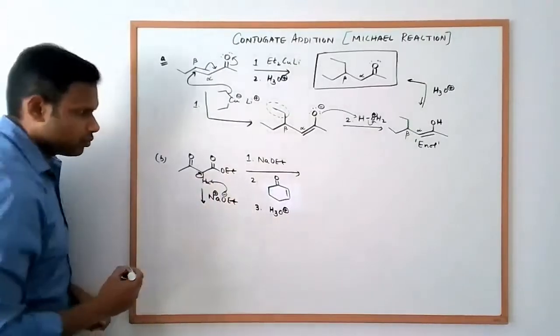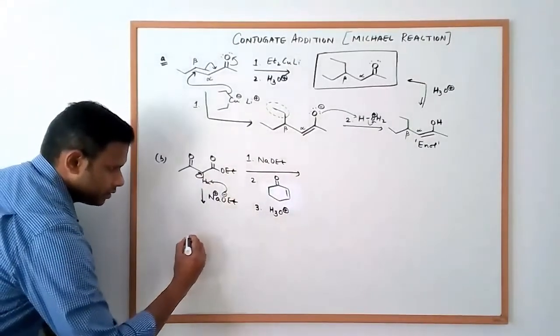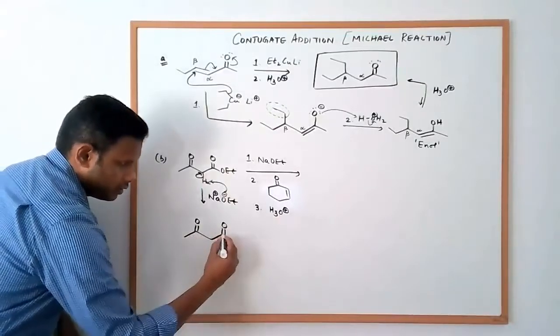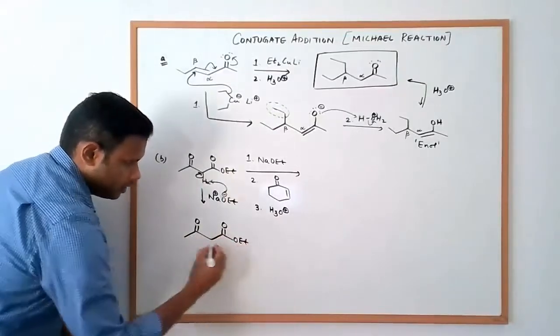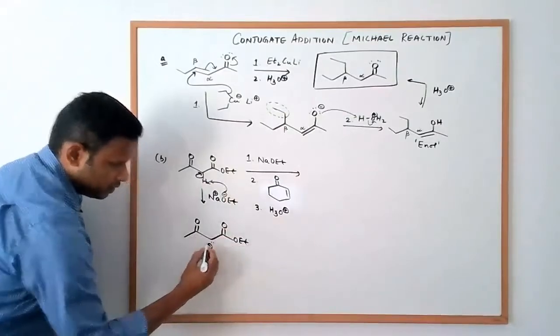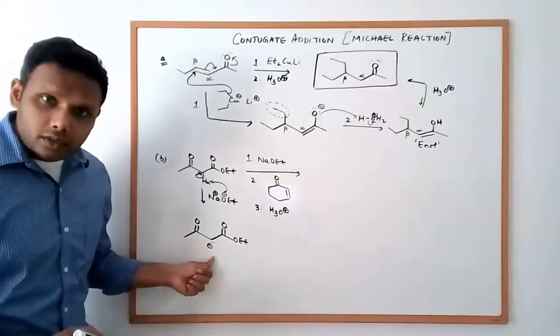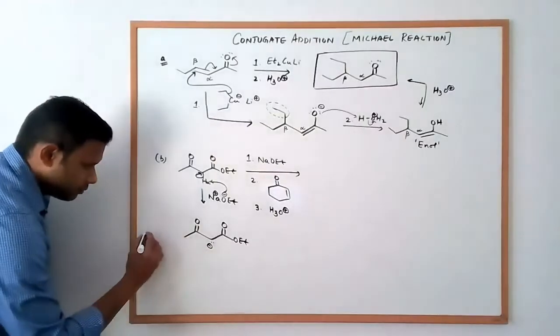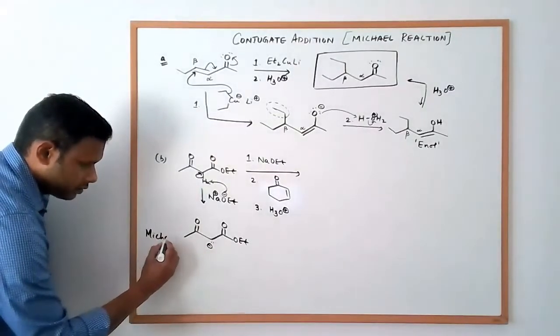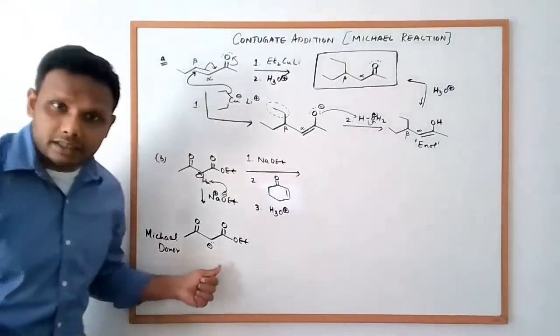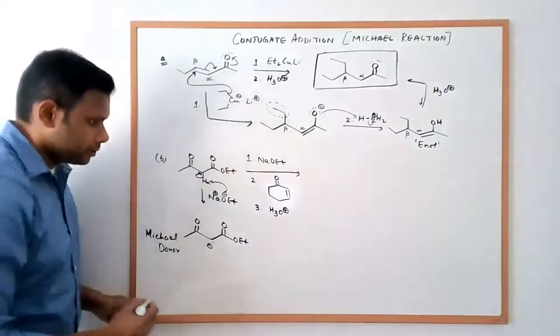The electrons would move over there. So we get the enolate, negative charge here. Okay. Now, notice that this is a Michael donor because it is a doubly stabilized enolate.